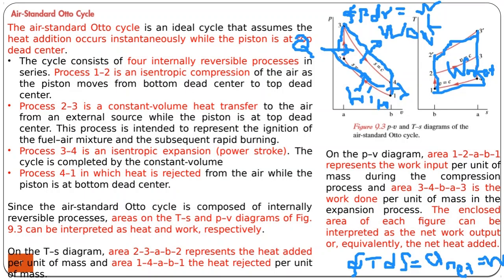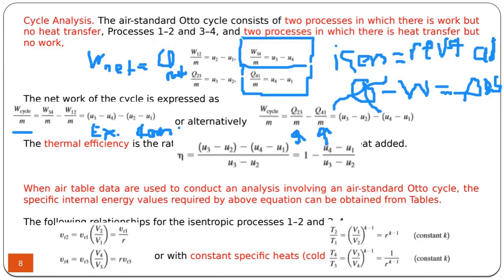So as you can see, you get exactly the same thing. So it's just the difference of the internal energies. So if you rearrange this or that, you will see that they are equal to each other.